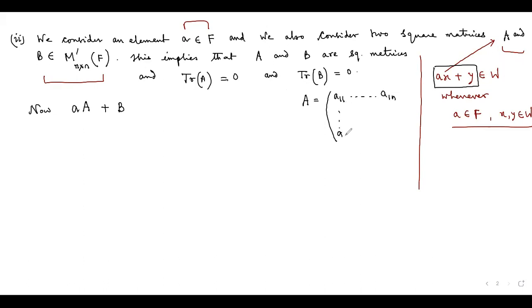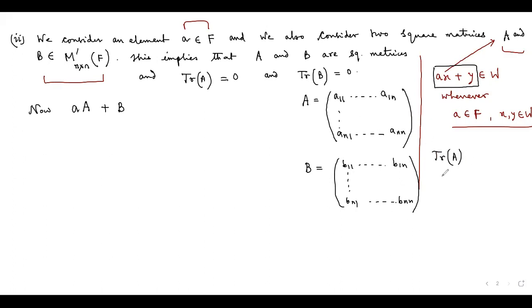A11 to A1n, An1 to Ann, this is the form of capital A, and capital B is of the form B11 to B1n, Bn1 to Bnn. And by trace of A, we actually mean A11 plus A22 plus Ann. By trace of B, we actually mean B11 plus B22 plus Bnn.